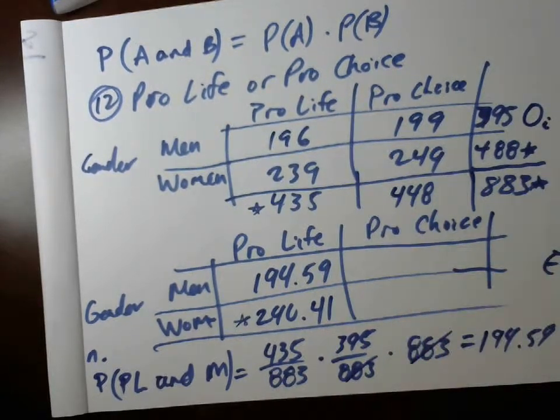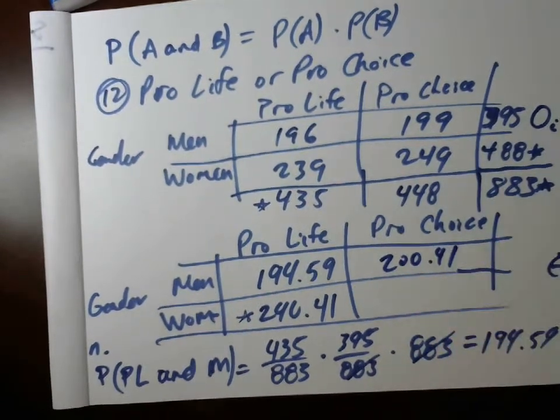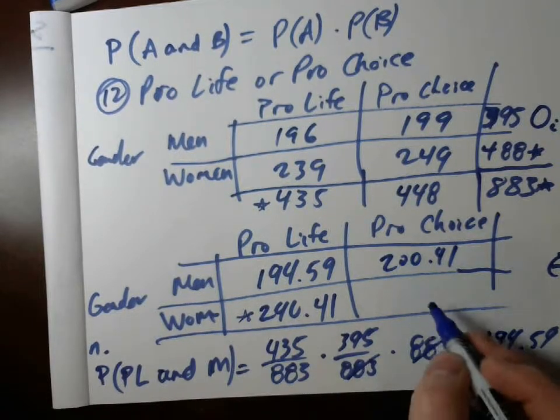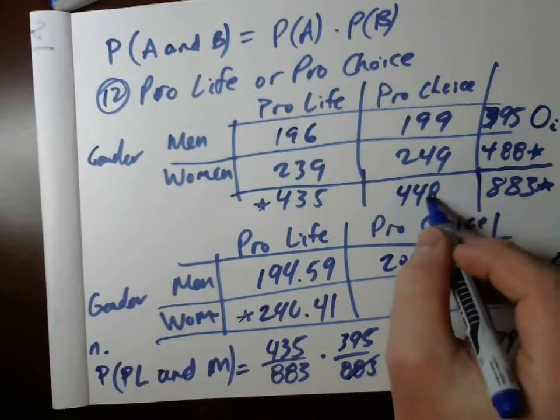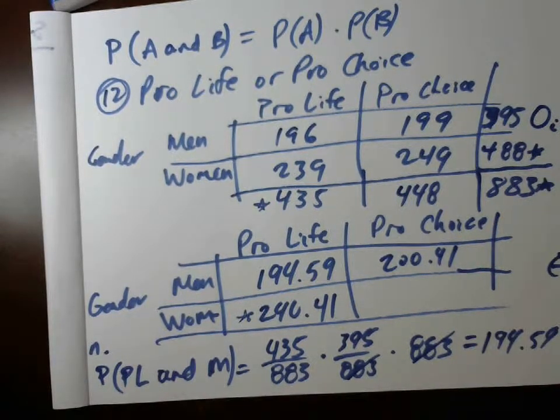So 448 times 395 divided by 883 is 200.41. And lastly, we would do this cell, which would be 448 times 488 divided by 883, which is 247.59.